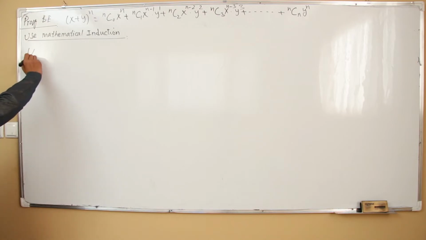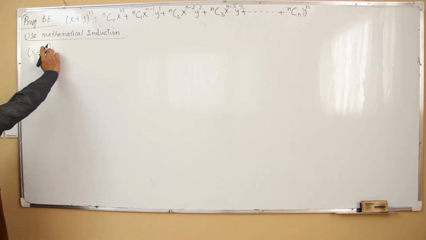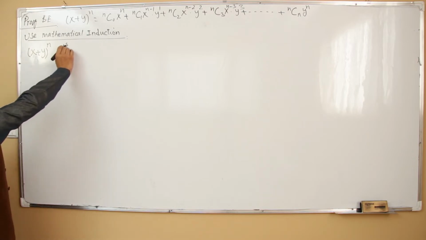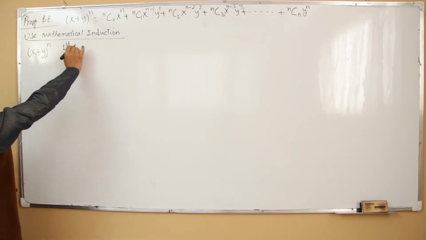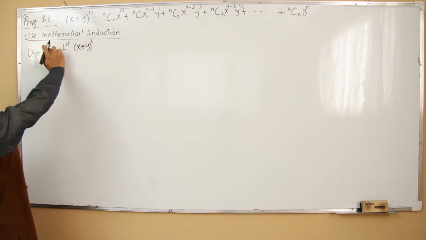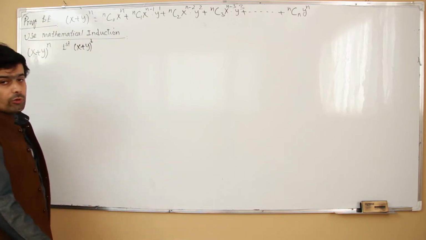I mean that if you have an x plus y raised to the power n, first you have to define x plus y raised to the power 1. Instead of n, define for the 1.